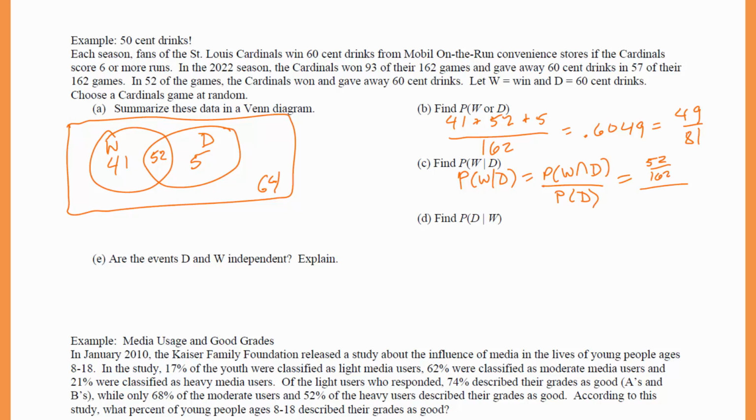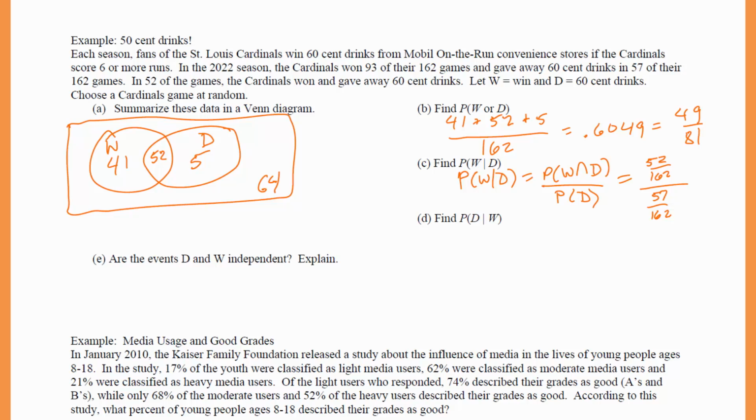What's the probability of D happening? That's the entire D circle. So that's 57. 52 plus 5, 57 out of 162. So you're narrowing your scope to only the times when they gave away 60-cent drinks. So only times when D happened. And you are considering the outcomes when they also won.